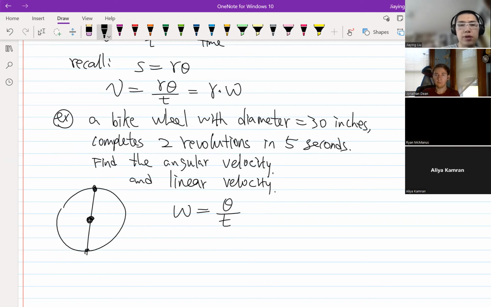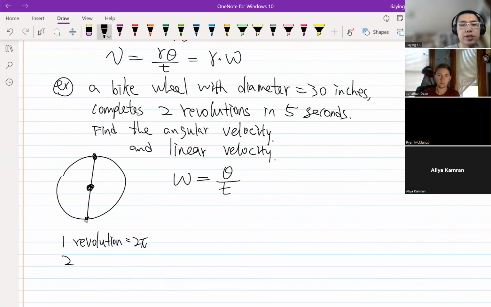So 1 revolution is equal to 2 pi, and 2 revolutions is going to equal 4 pi. That's how many radians 2 revolutions are. So that's the angle, and the angular velocity is going to be 4 pi radians divided by 5 seconds.